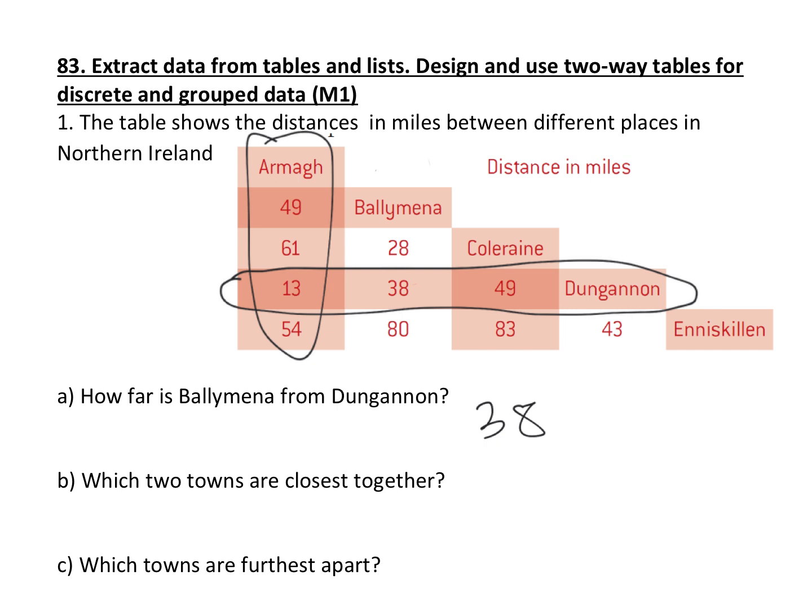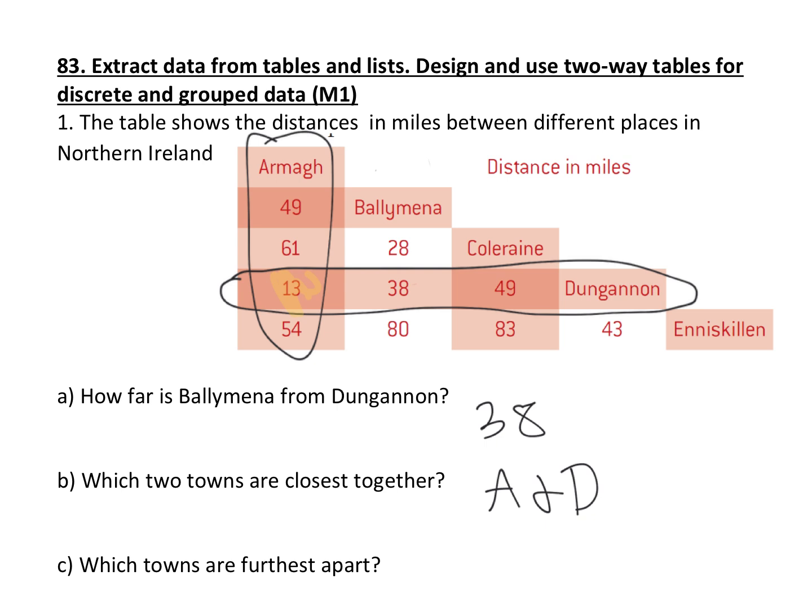So where those two meet, you can see is 13. So 13 is the smallest number, and that means that Armagh and Dungannon are closest. I'm just going to put down, and be lazy here, A and D.